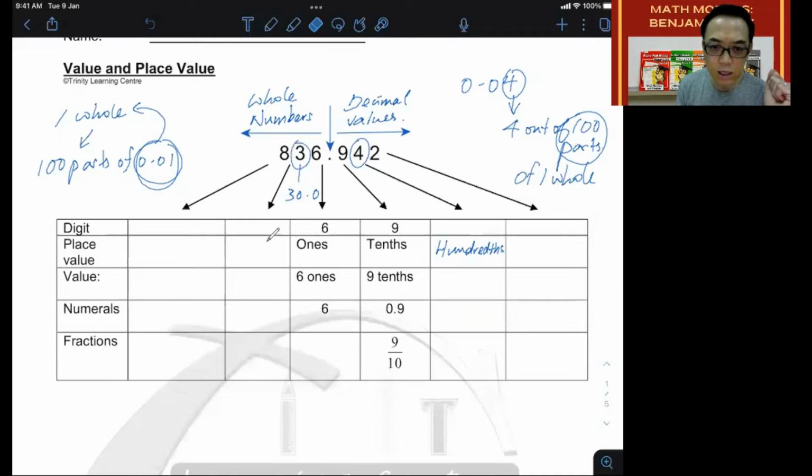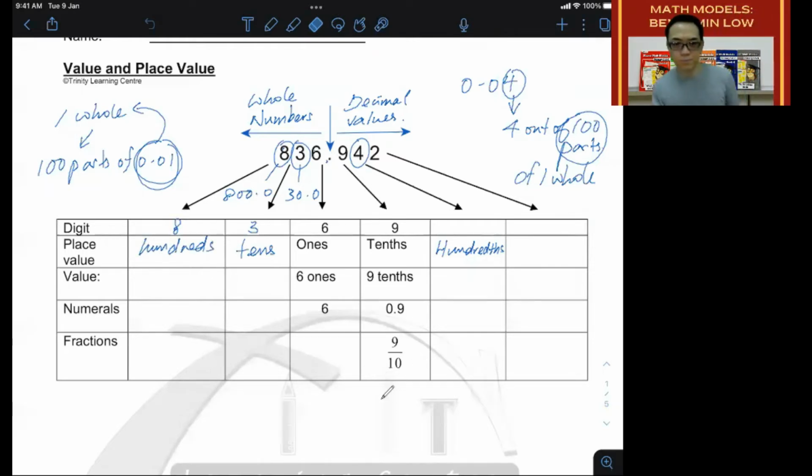So this is actually 3 tenths. And this 8 here is really 800, or 8 hundredths. Got it so far?